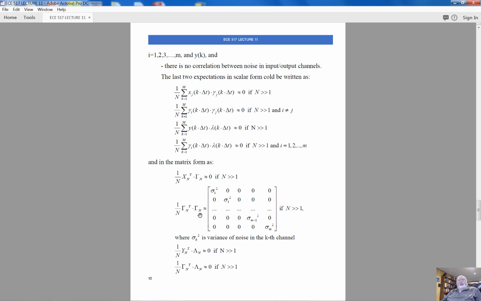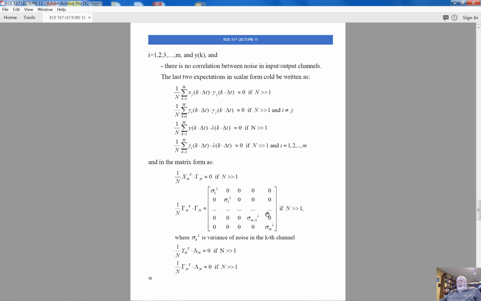The result of this multiplication is a square matrix, and the square matrix is a diagonal matrix. All the off-diagonal terms are zeros because component of noise in channel 1 is uncorrelated with component of noise in channel 2. So this is why this element is 0.